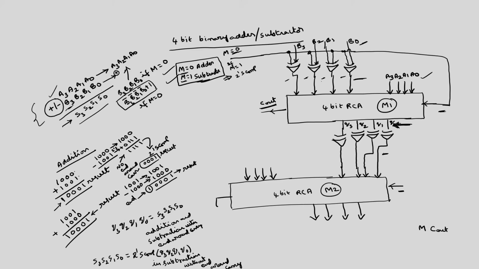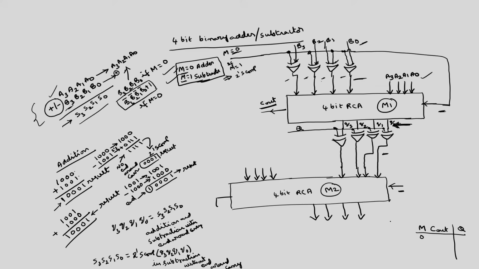Okay. So, if I assume that the common signal that we are going to connect is some Q, capital Q. If M is 0, what does it mean?